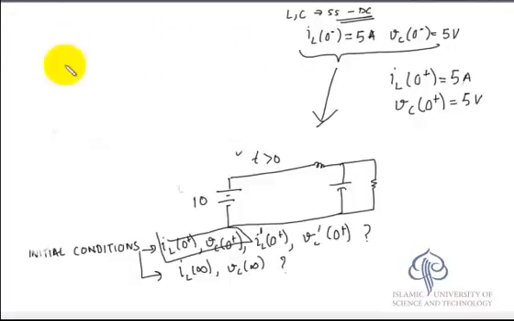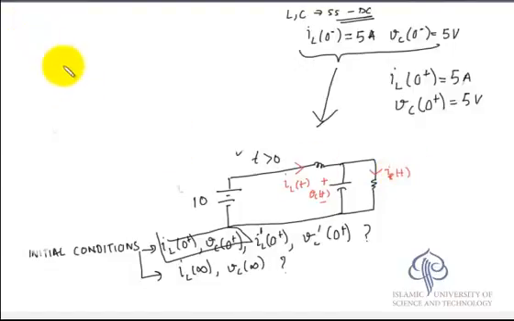Now let us write the differential equation for this circuit. Please remember that this is iL(t). This voltage is vC(t), and this current we can label for the time being as iR(t).